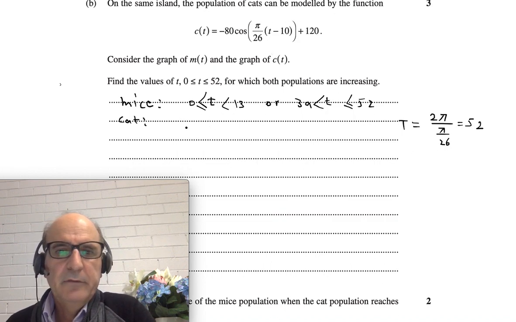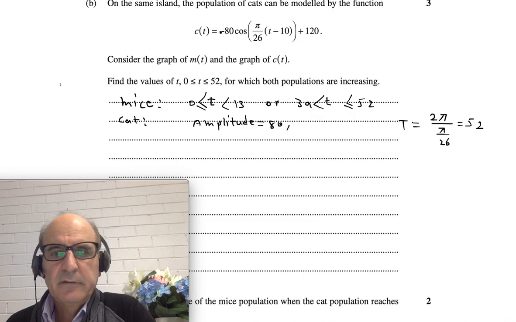And the amplitude for this is 80. And it is inverted because we have this negative. And shifted up by 120.